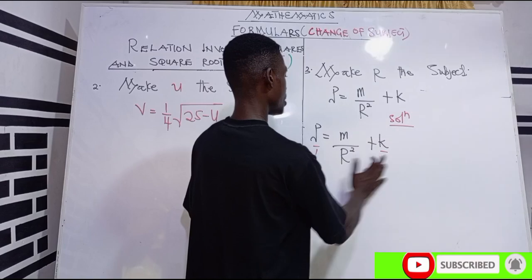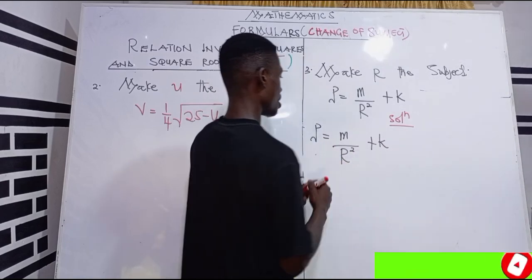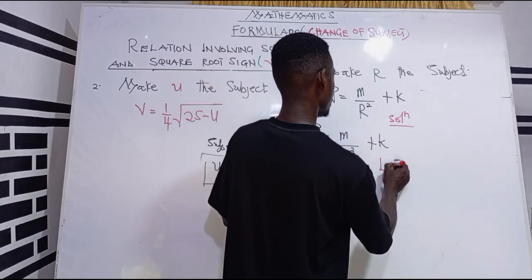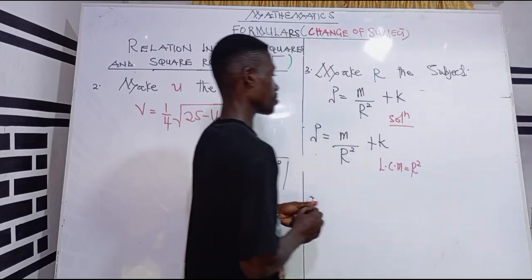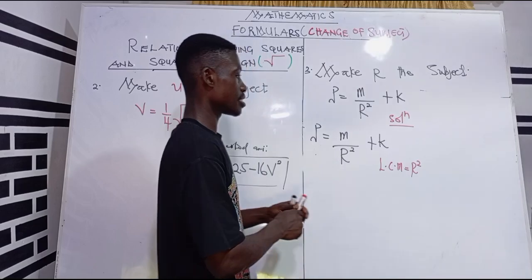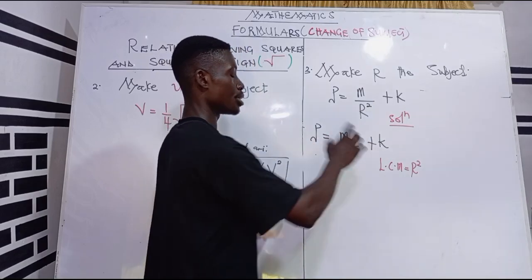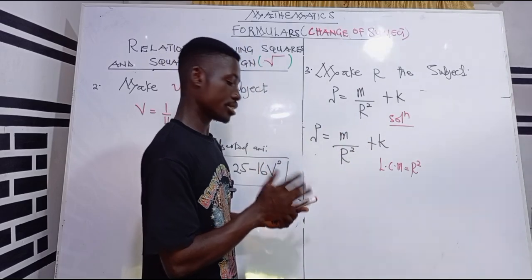So we can say that our LCM is what? R squared. And then we are going to use this LCM to multiply each term within the formula. Are you following? Good.